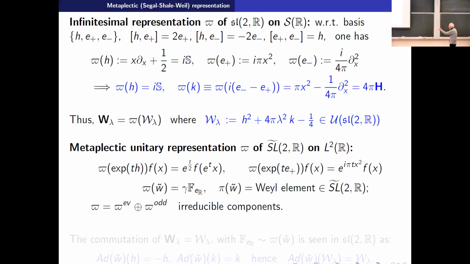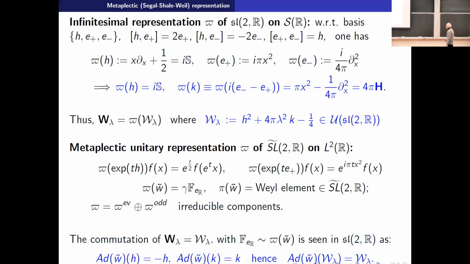And gamma reflects the W tilde. But gamma is always something of absolute value 1. Usually it's plus minus 1. But, okay, so that's the metaplectic representation for R. It has two components only. So if you decompose it as an irreducible representation, it has an even part and an odd part.